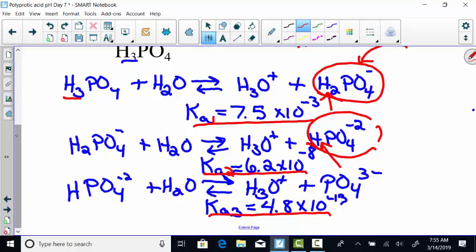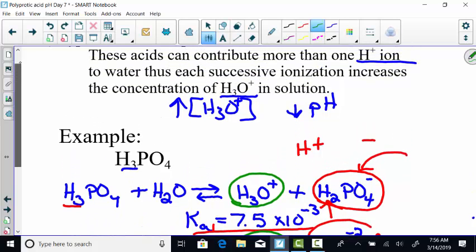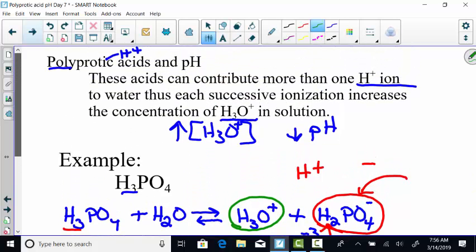But essentially, what has happened each time here is we have an H3O plus concentration initial, and then we've added more H3O plus, and then we've added more H3O plus. So each time we do one of these ionizations, the concentration of H3O plus increases. So this is an example of what is called a polyprotic acid.